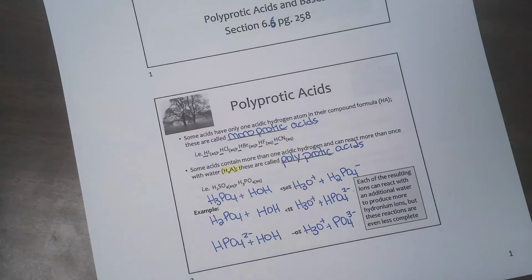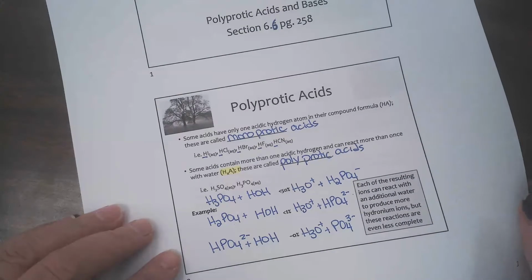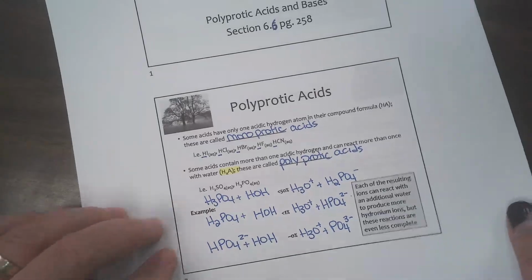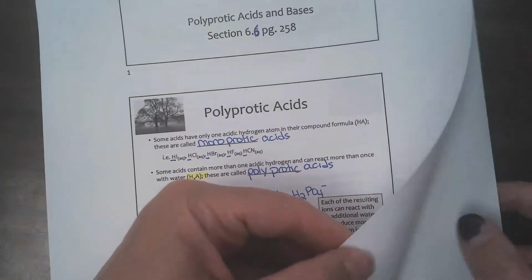So remember, the charges change as we get rid of a hydrogen. So each of the resulting ions can react with additional water to make more hydronium ions, but they get less and less reactive. A very awkward way of saying it.